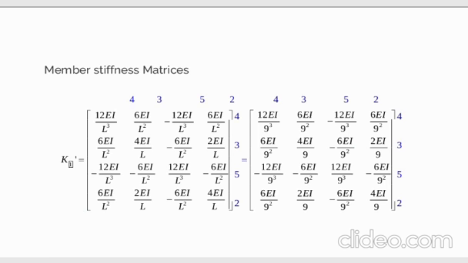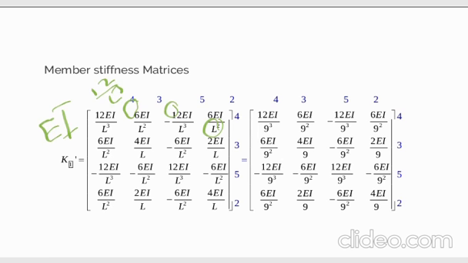This is for K1. You will follow this matrix, and you can make it easy by taking out EI, because it's a common factor. Make EI outside and just put inside, for example, 12 over L cubed, I mean the constant numbers, and the length L, you can put inside, it's up to you.